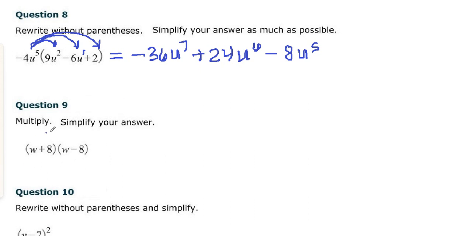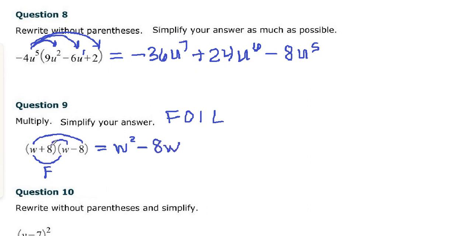Next up here, we're multiplying 2 binomials. So I like to use the method of FOIL, F-O-I-L, first, outer, inner, last. So our first terms here, w times w is w squared. Our outer terms here, negative 8 times w, minus 8w.